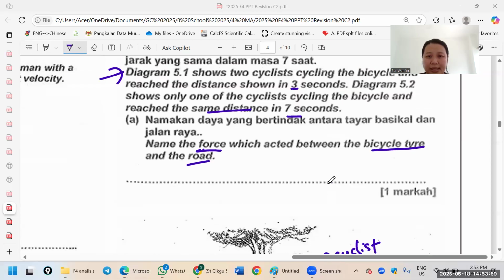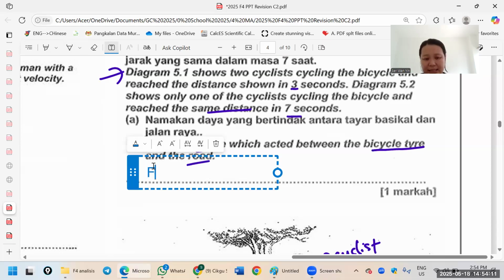Yes, thank you, YF. Yes, thank you, Christopher. Christopher, one more try. Okay, correct. Yeah, so actually it is frictional force, or we can say friction.